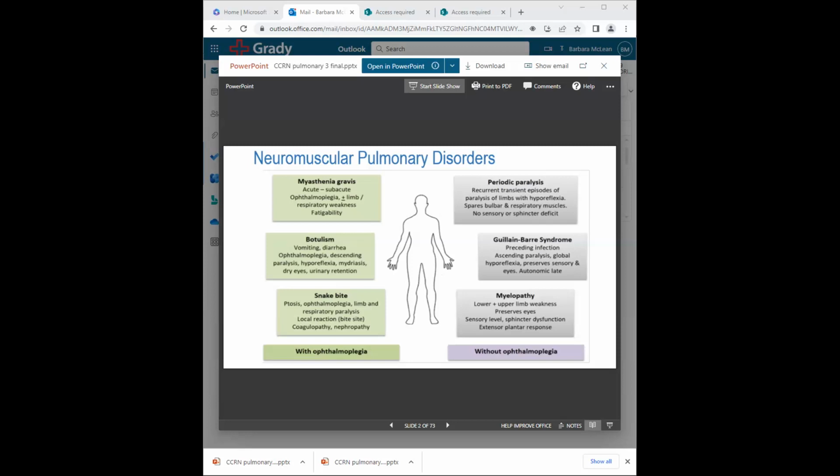Now, if I'm overproducing or underclearing, I'm going to have a pleural effusion. Right? Overproducing, underclearing.